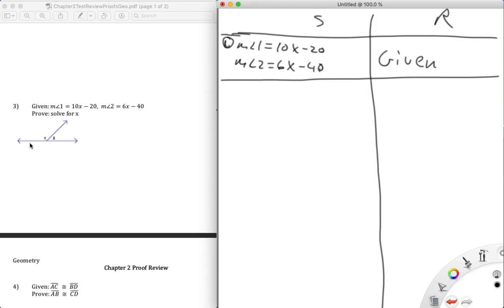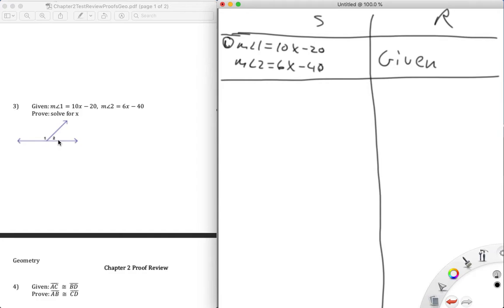They're adjacent angles. I know that a straight line is 180, or I can say that they're supplementary, and these are examples of linear pairs. Angle 1 and angle 2 is a linear pair: two angles that are adjacent that form a straight line, which is 180 degrees.